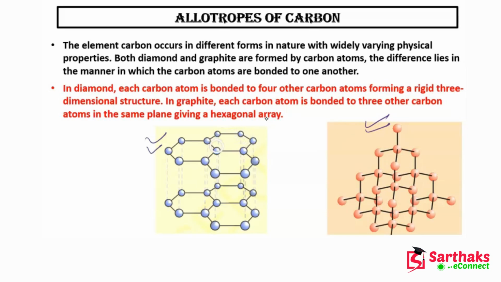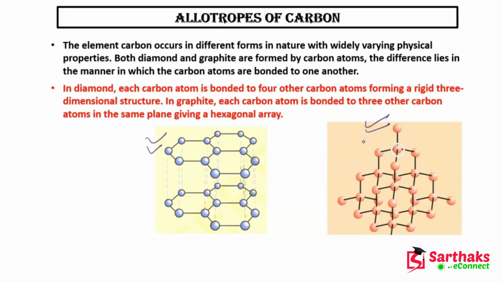These carbon atoms are arranged and forming this structure, and in this structure you can see the structure of a hexagon. So the carbon atoms in the graphite are forming the structure of this hexagonal array. I hope, guys, this point is clear to you.